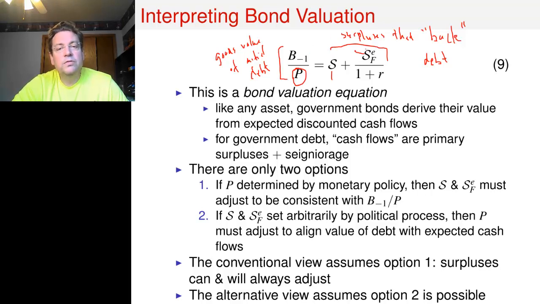On the other hand, if these surpluses are determined by the political process and are largely independent of debt, well, then this price level will adjust to make sure that equation 9 is consistent. And then, as we've seen, monetary policy has to accommodate whatever equilibrium price level gets determined by this equation. The conventional view assumes option 1, surpluses can and always will adjust, and the alternative view entertains the possibility of option 2.